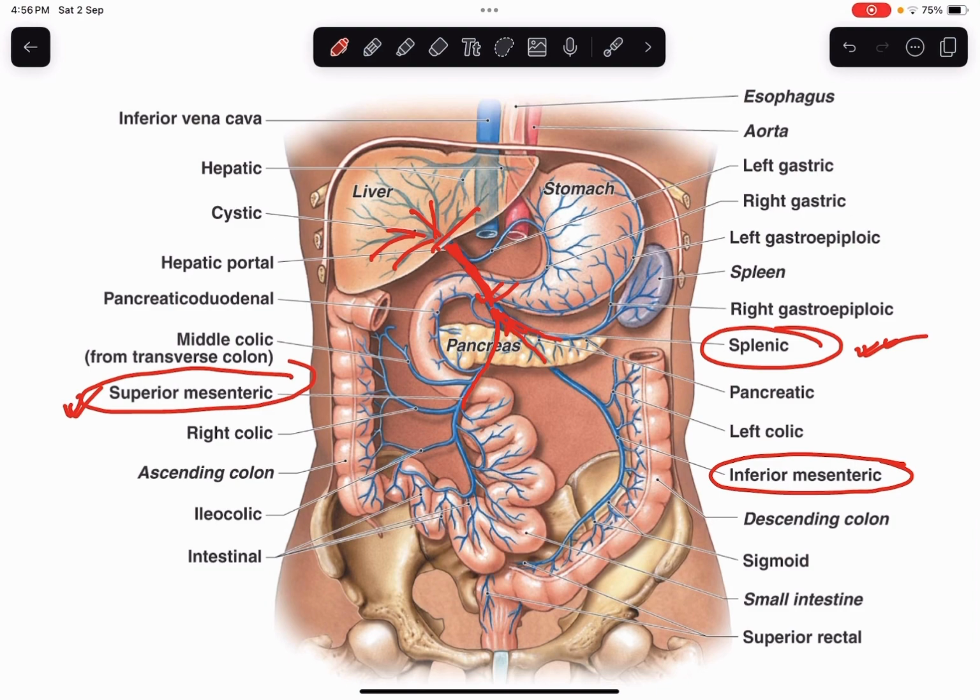These hepatic sinusoids are in turn drained by the hepatic vein. These are the branches of the hepatic vein, and the hepatic vein in turn drains into the inferior vena cava. This is the IVC, inferior vena cava. So this is about the drainage system in the liver.